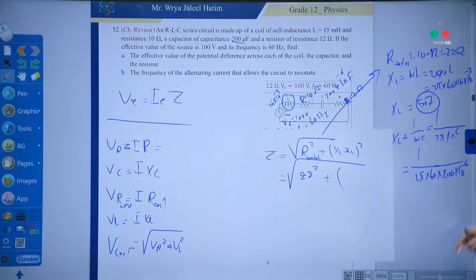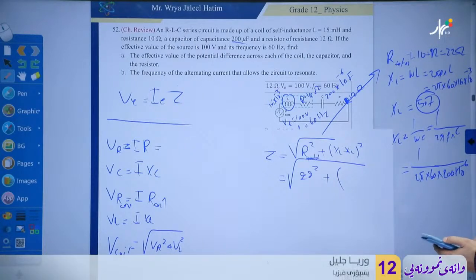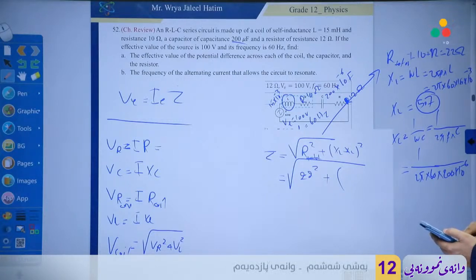And then what about XC here? Just let me double check the numbers, I don't want to make any mistakes. 60 times 15 times 10 to the power negative 3, that is 5.7 by rounding, in ohms, don't forget. What about this one here?